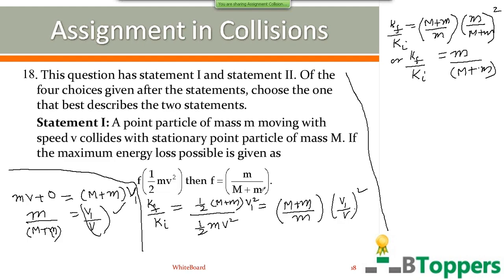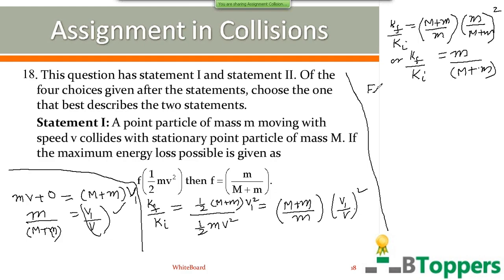So the ratio small m by capital M plus small m represents the ratio of the final kinetic energy just after collision to the initial kinetic energy just before collision. But the kinetic energy loss is given as small f into half mv square. So definitely statement 1 is not correct. But still I would like to calculate the true value of small f here, not just find whether statement 1 is true or not.